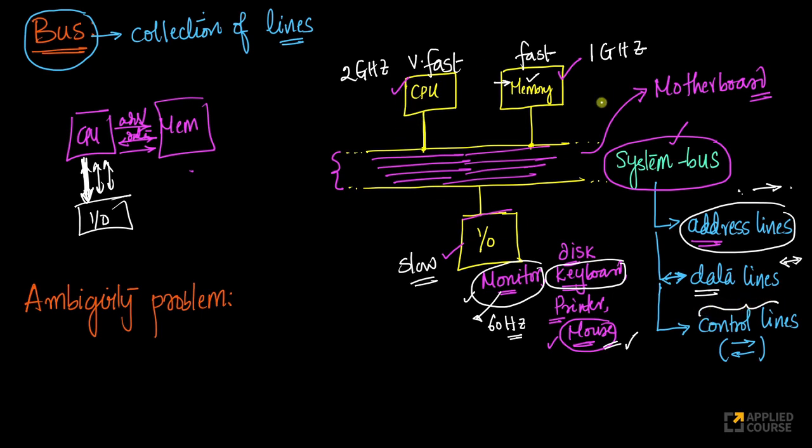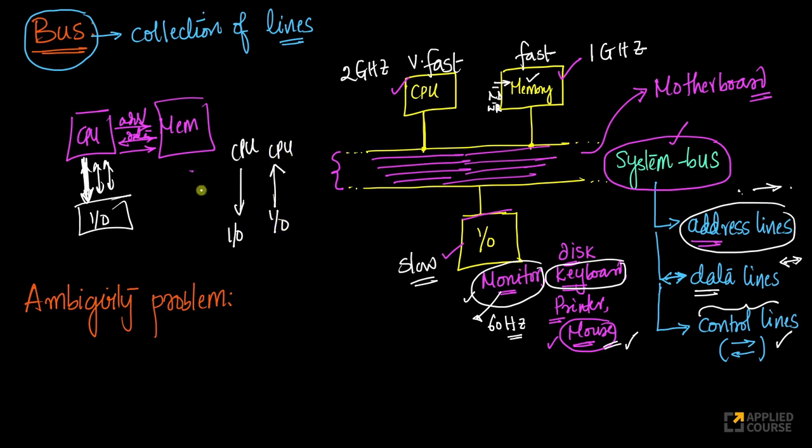Then you have control lines. What are control lines? For our memory, we saw read, write. All of them are control lines, which tell you what this memory chip should do. Similarly, your I/O chips or I/O devices also have control lines. In the case of CPU and I/O control lines, these lines could go from CPU towards I/O, or they could also go from I/O to CPU.